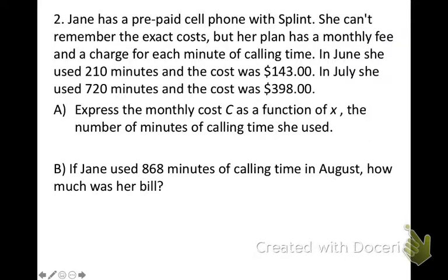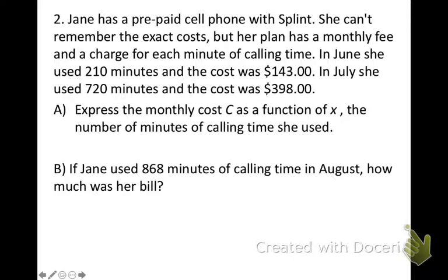All right, now when we look at the information that they've given me, we are still using C as my cost and X as the number of minutes, just like we did in number 1. But they give us some other information that we're going to be able to use as points in this problem. So if we look at this, it says in June she used 210 minutes and the cost was $143.